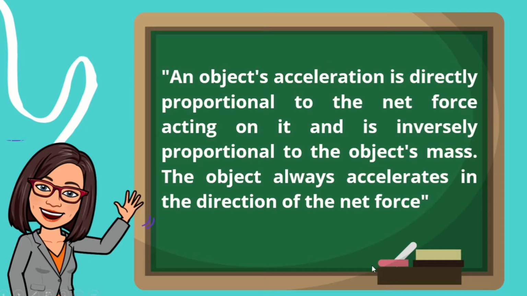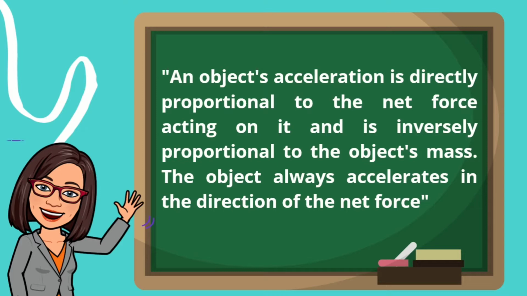Remember that the net force is the sum of all forces acting on it. In Newton's first law of motion, if the net force is equal to zero and the object is at rest, it will remain at rest. Whereas if the object is in motion, it will continue moving along a straight path.